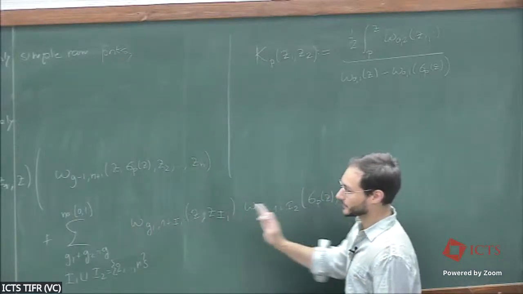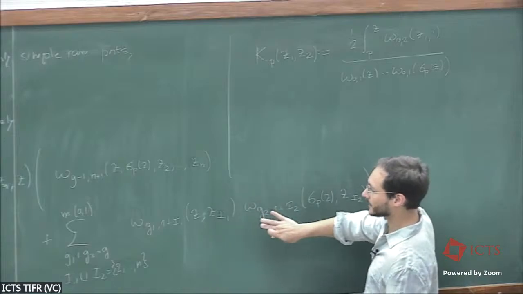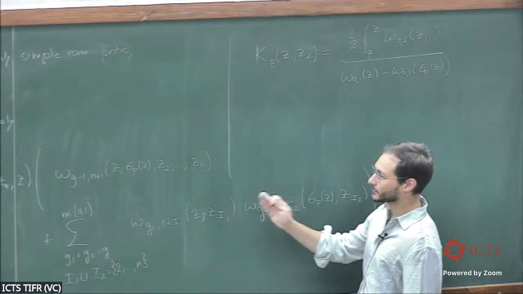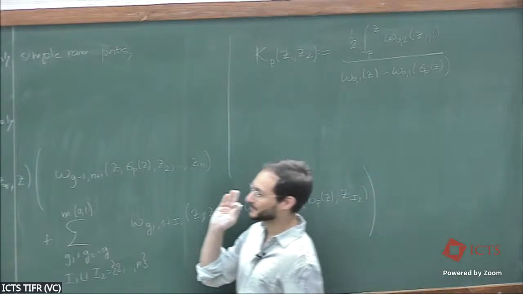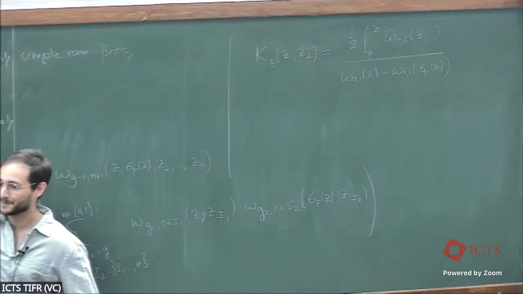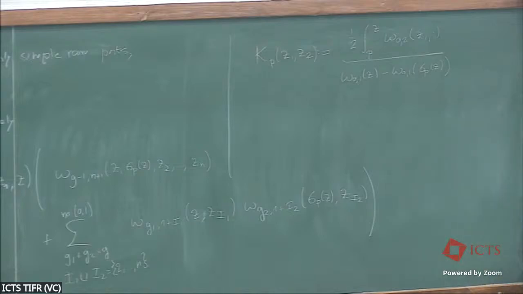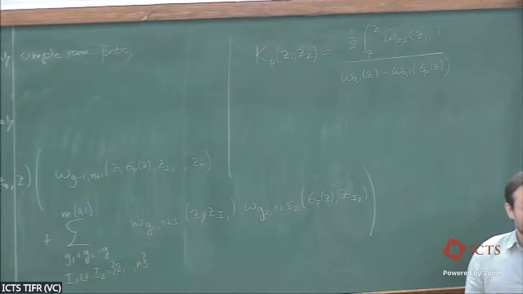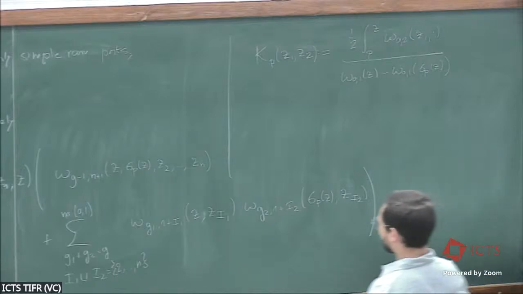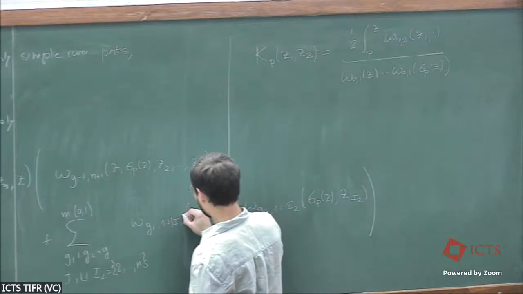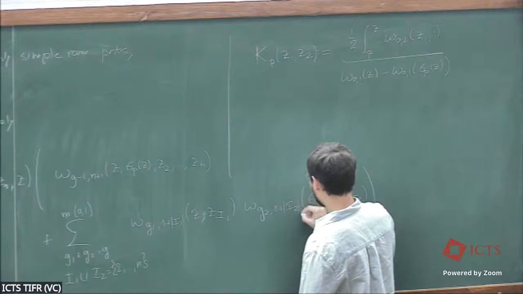So everything that appears on the right-hand side of the equation has 2g minus 2 plus n strictly less than 2g minus 2 plus n. You understood what I mean? Can you repeat, sorry? Yeah, thank you. So here I mean size of I1 and size of I2.